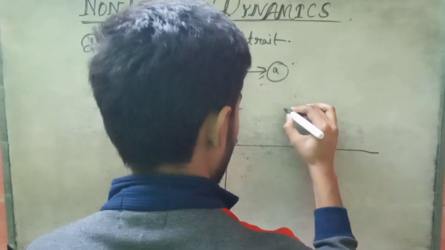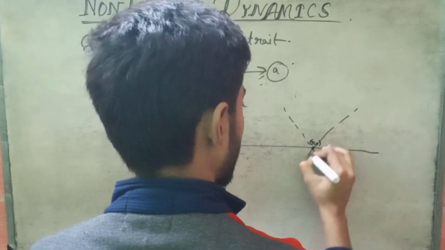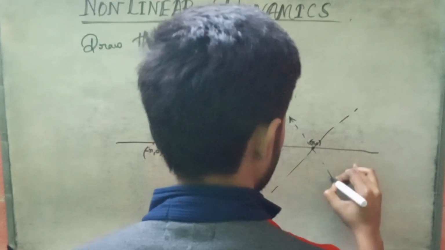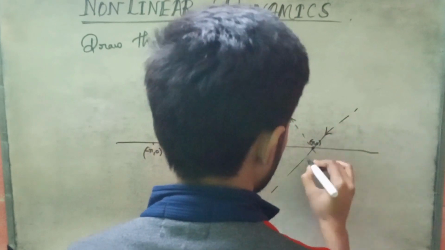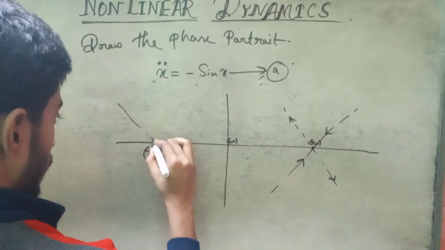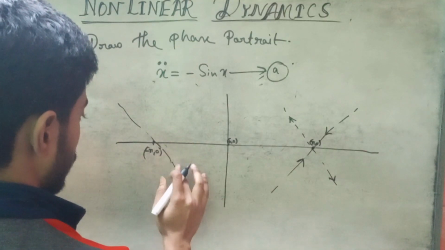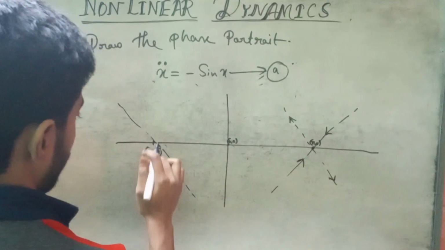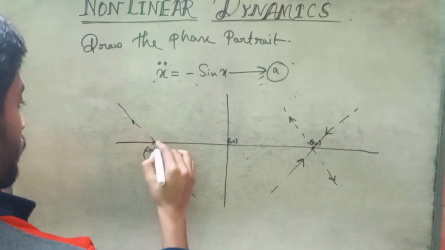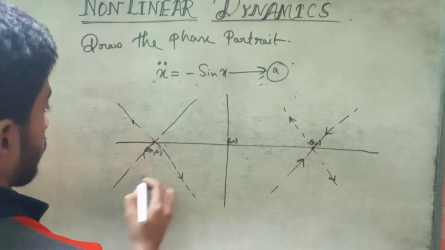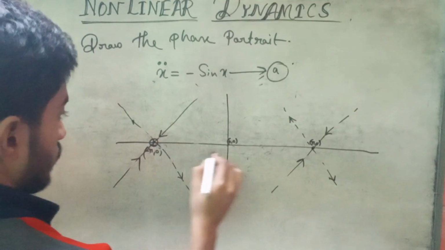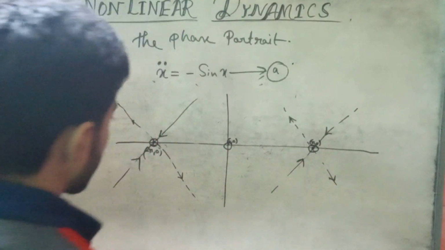Due to the positive eigenvalue, the system trajectories diverge. Due to the negative eigenvalue, the system trajectories converge, and here also, due to the positive eigenvalue, the trajectories diverge, and due to the negative eigenvalue the system trajectories converge towards the fixed point. This is a fixed point, and this is a fixed point, right?